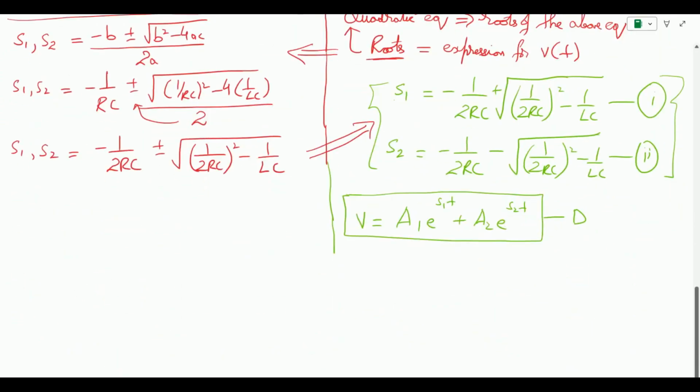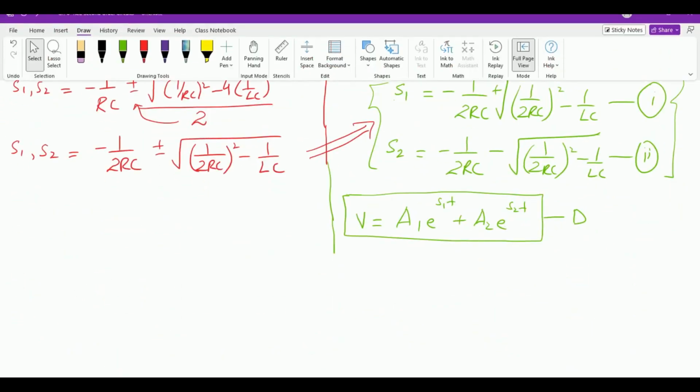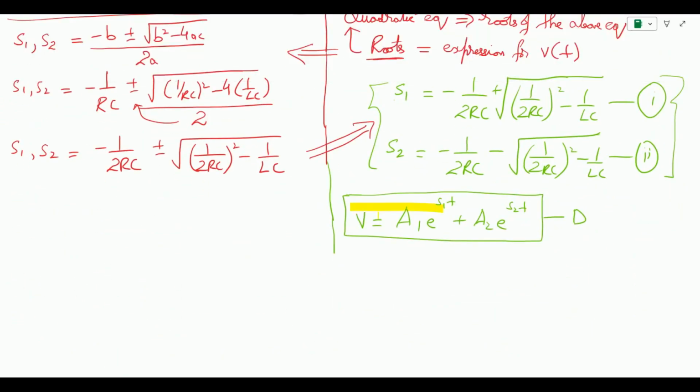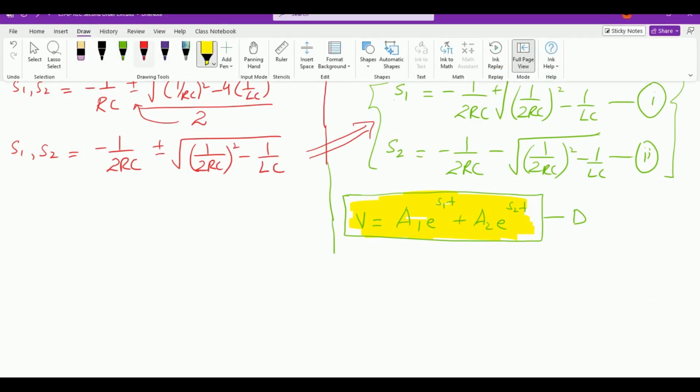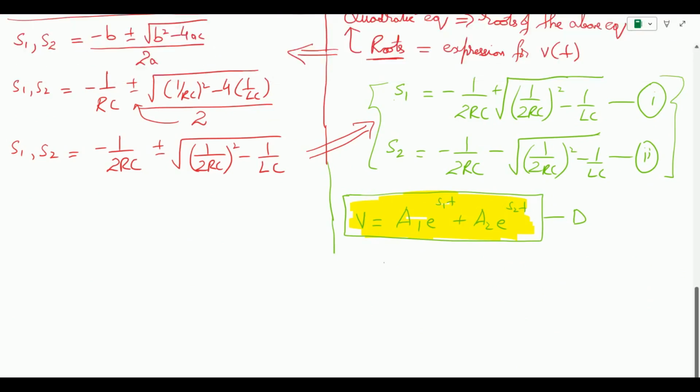So equation number D is the equation we are interested in to find the unknown voltage of a parallel RC circuit, and we got this through the roots of the characteristic equation. Now equation number D can be verified because we took an assumption.